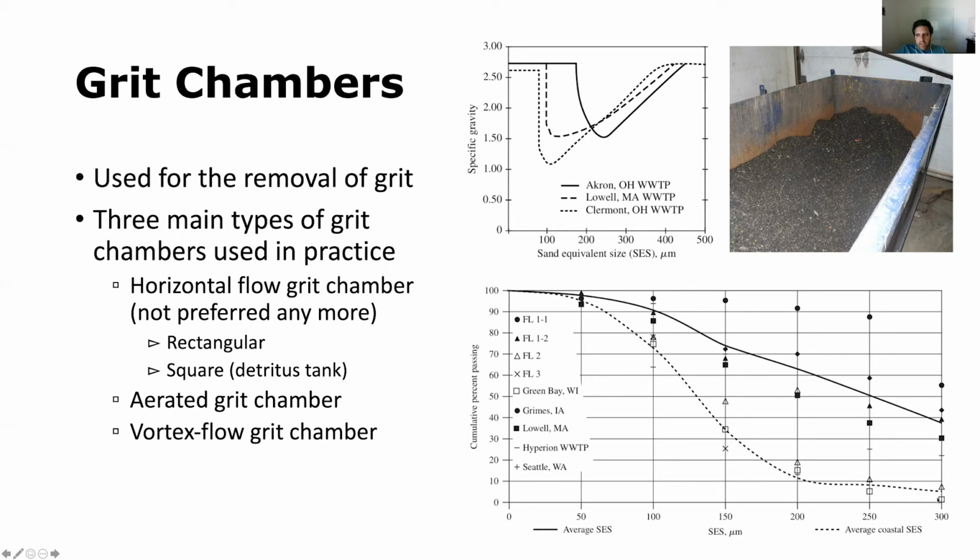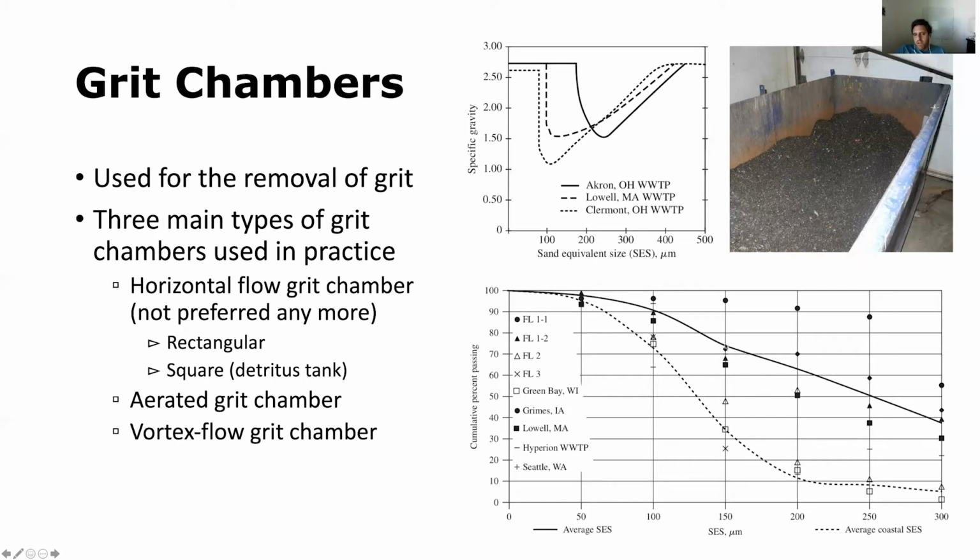This other plot down here shows the cumulative percent of grit that would pass through a screen of different sizes. So like if you have a sand equivalent size of, let's say, 150 microns, in some systems you might get like 35% of the grit that passes through a screen with that size, 150 microns.